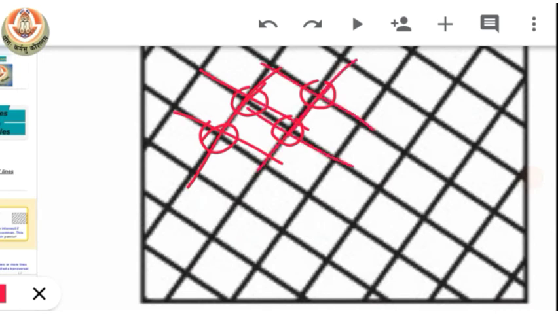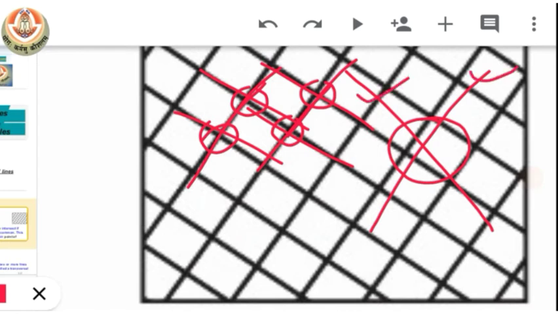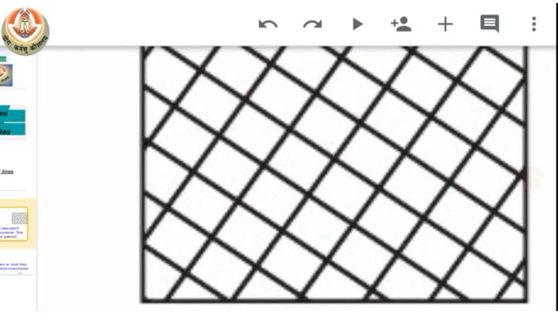That means when two lines cross each other, the common point between them is known as the intersecting point, and in that way these two lines are termed intersecting lines, meaning they are intersecting each other.